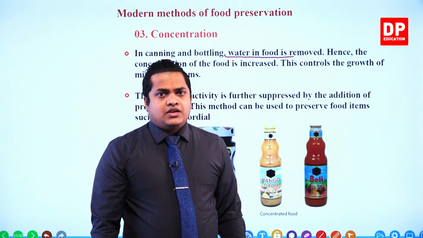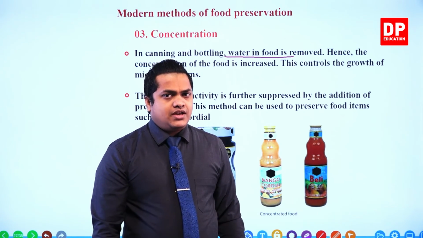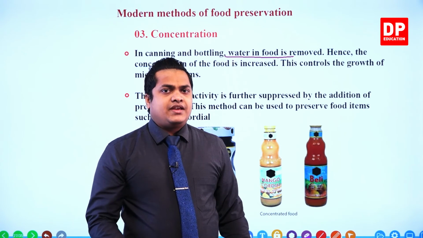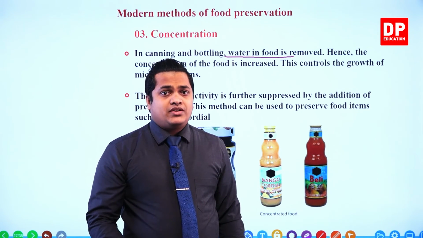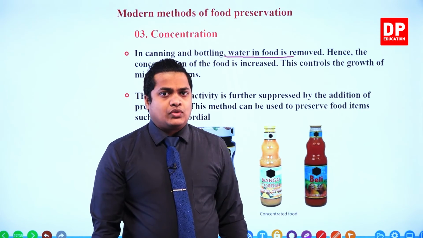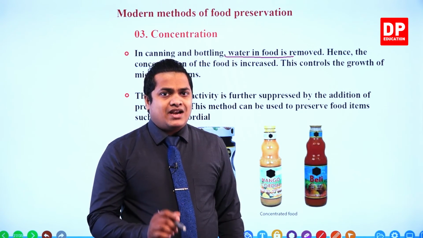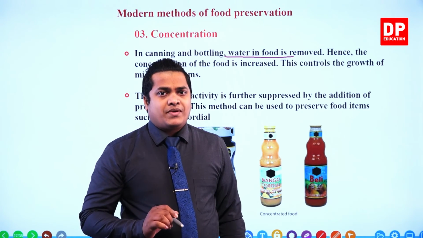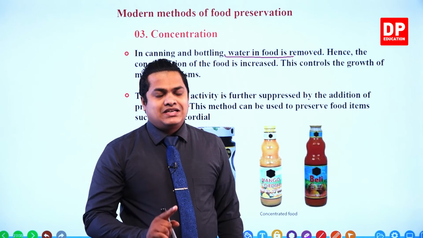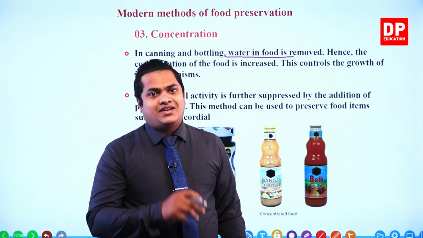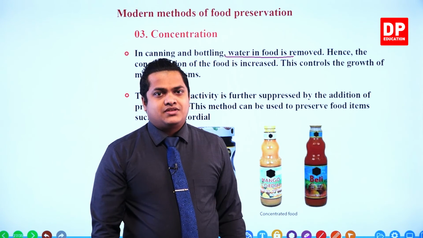If you can reduce the amount of water contained within the food item, definitely you can reduce the spoilage of food, as water is an important factor for the growth of microorganisms. So how can we reduce the amount of water? That is by increasing the other contents contained within the foodstuff.